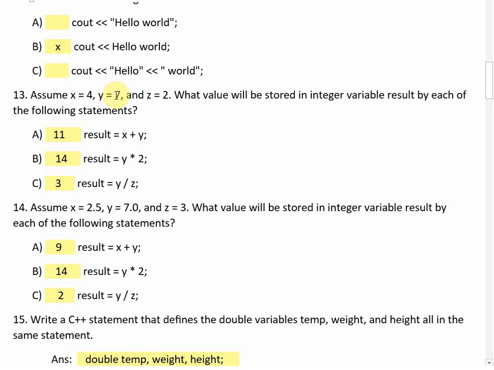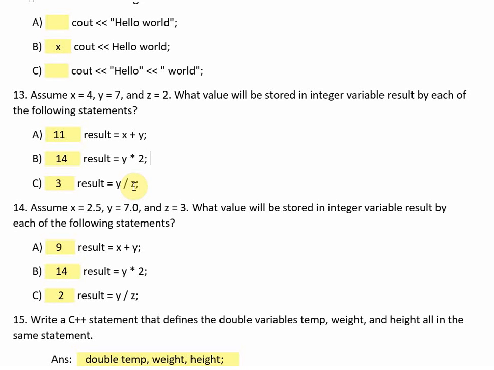And for C, we're going to replace Y with 7 and Z with 2. Now, if we do 7 divided by 2, we have the propensity to say the result would be 3.5, which is true in the real world.